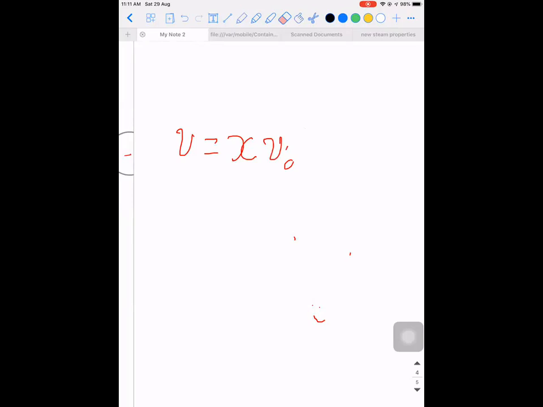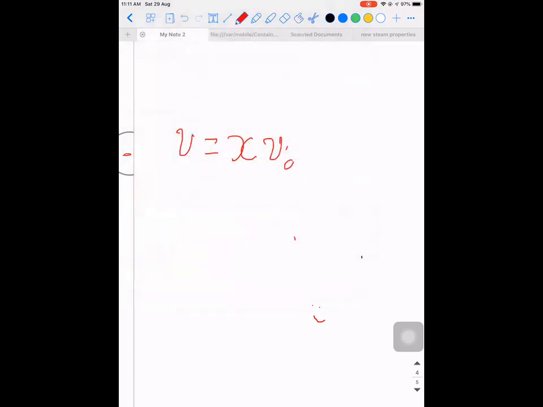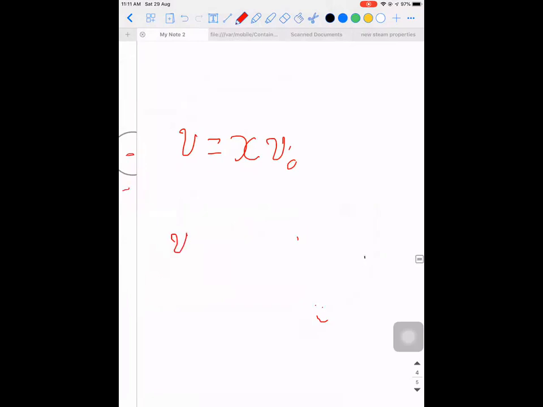V is equal to Vg plus 1 minus X into Vf.